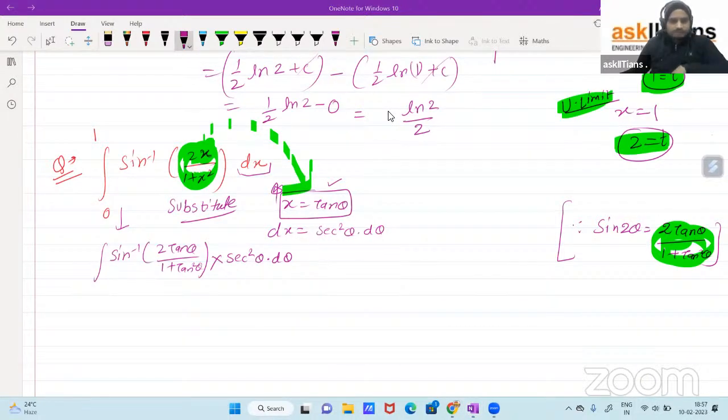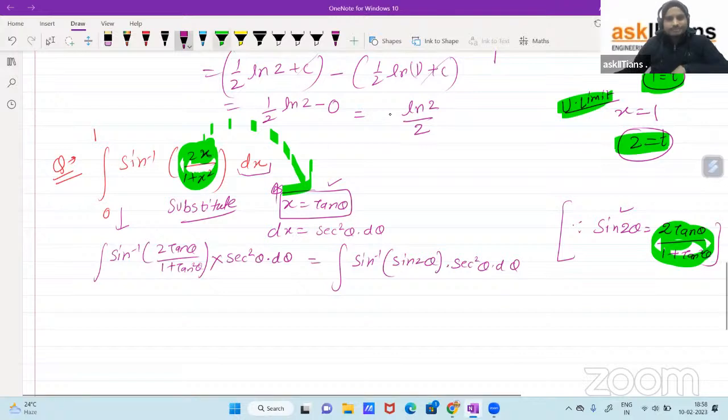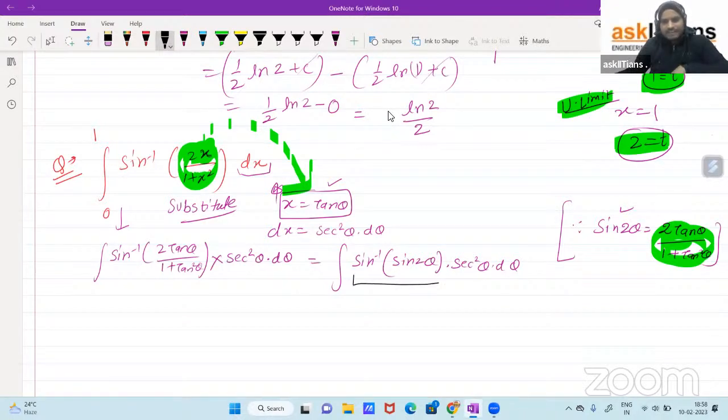So it will be the integration of sine inverse of sine 2 theta from this formula, into sec square theta d theta. We know one formula, sine inverse of sine x is equal to x.